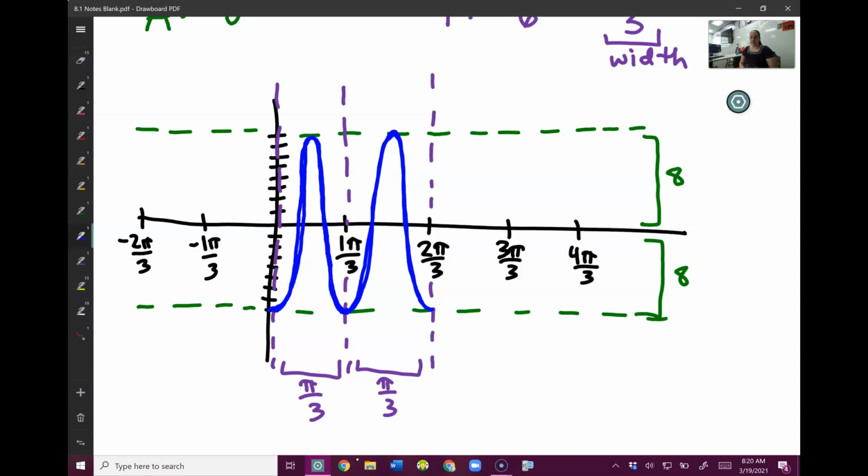So now you can see this periodic thing. I'm repeating this shape over and over and over again, periodic.